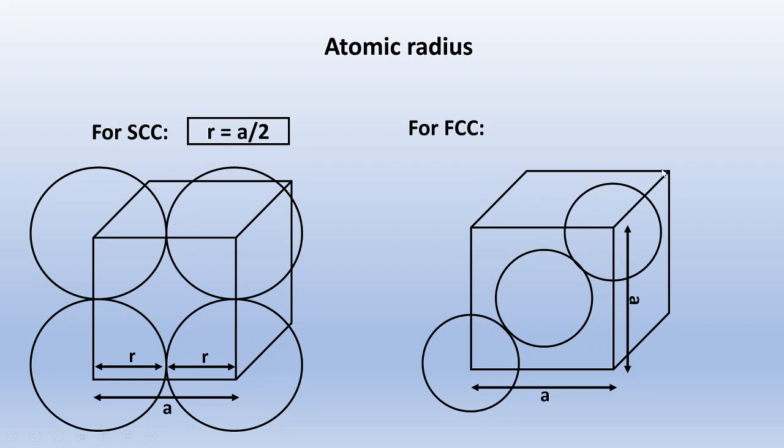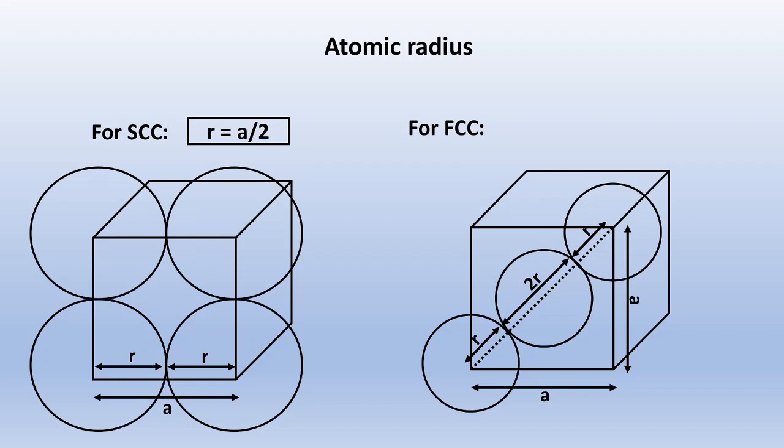These 2 are present on the corners, and the atom present at the center of this face is in contact with these 2 atoms. So these 3 atoms are present in a straight line, which is the diagonal of this face of the cube. So this diagonal is R plus 2R plus R, that is 4R.